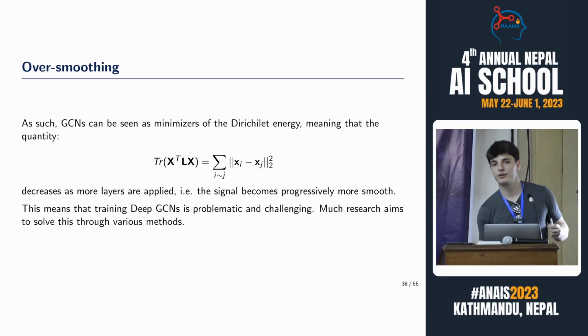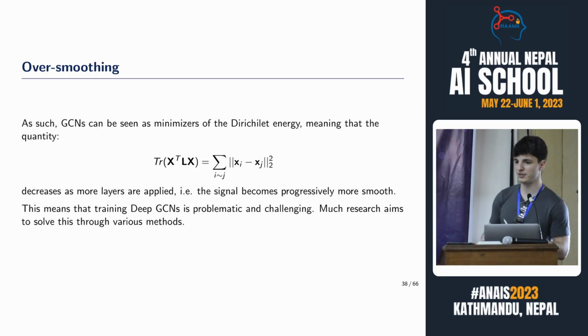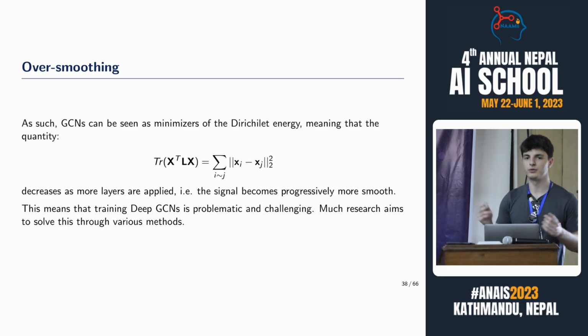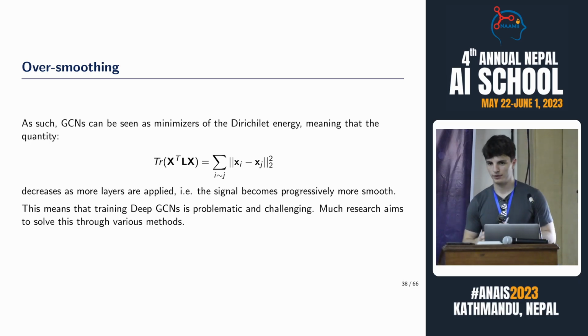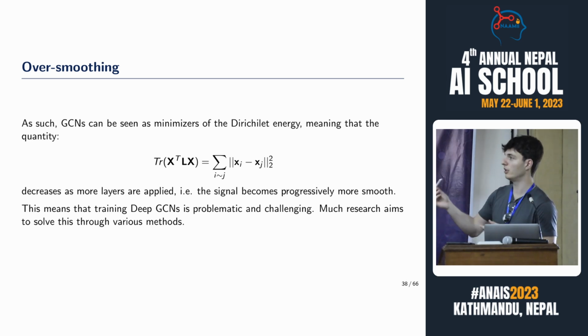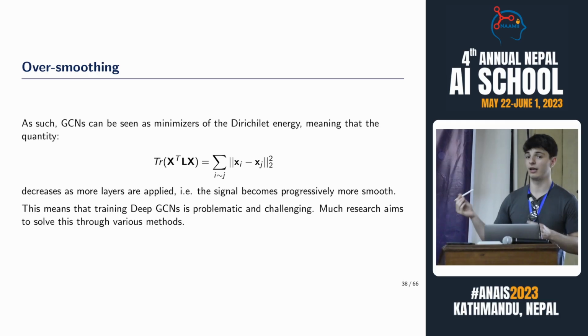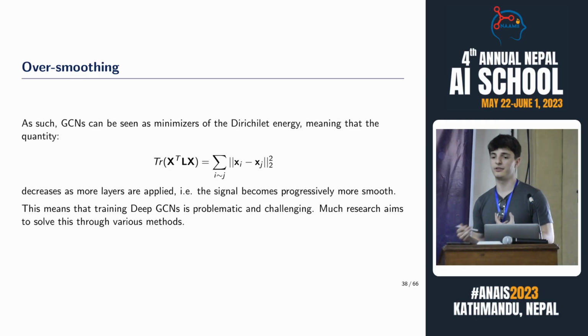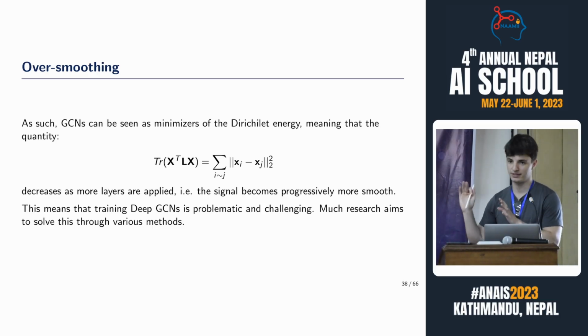And you may ask, why do we care about building deep? Because in general, in representation learning, like in convolutional networks, you want to build deep models because these seem to work better. But we have just shown in a heuristic manner that it's very hard to build deep graph convolutional networks. This is not to say that you can't build deep message passing neural networks.